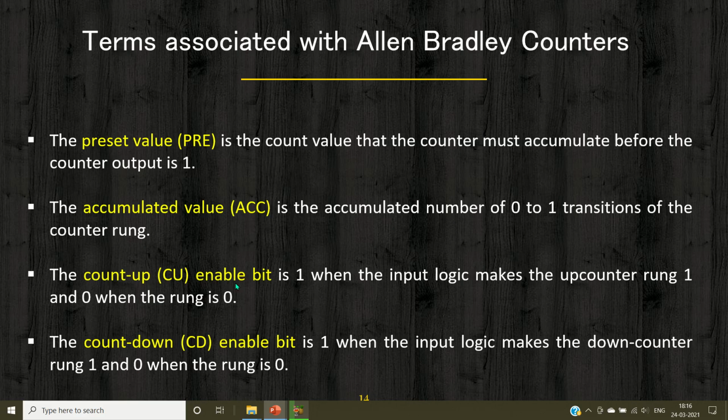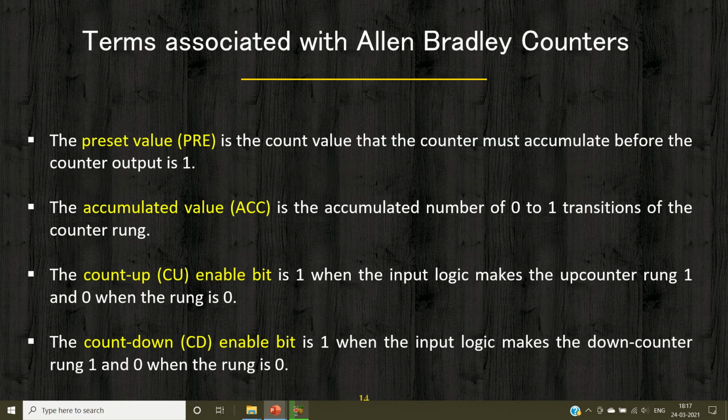The count up enable bit is 1 when the input logic makes the up counter rung 1, and it is 0 when the rung is 0. So very simply, when the counter is counting and it is an up counter, the bit is 1 when the input condition is 1 and 0 when the input condition is 0.